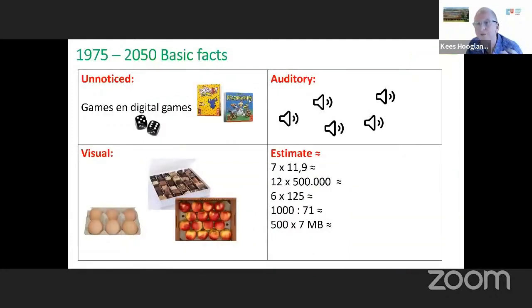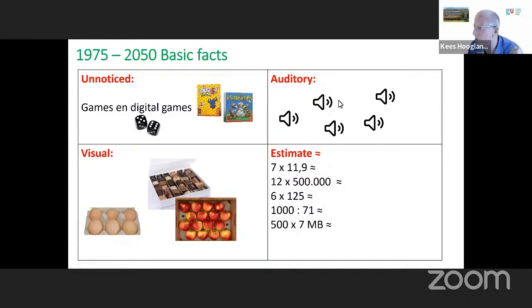And that means that if you want to do something with those basic facts, we have to do it in a more practical way. For instance, in digital games there is a very effective way to have people use a lot of those basic facts. You can visualize all kinds of basic facts, and people use that in daily life to make a quick estimation or to count in an efficient way.